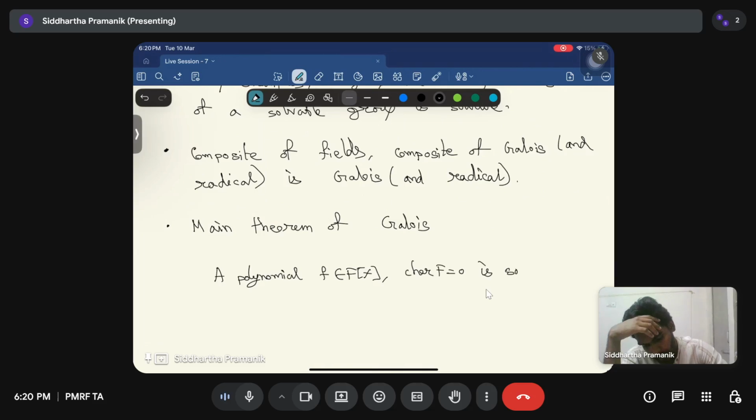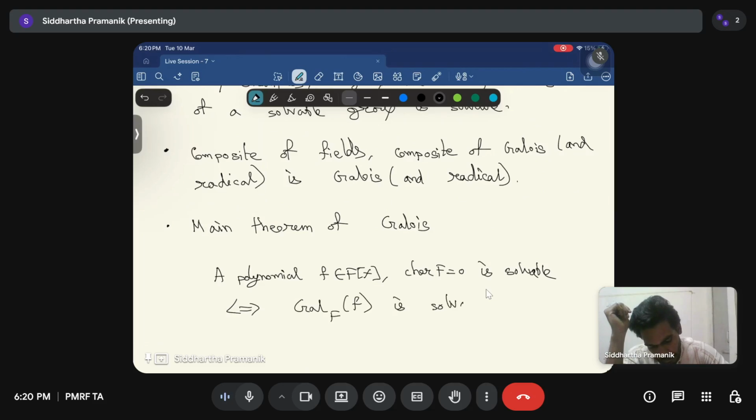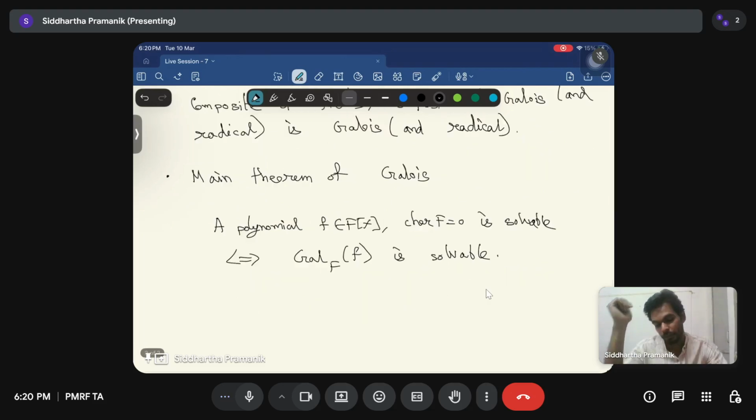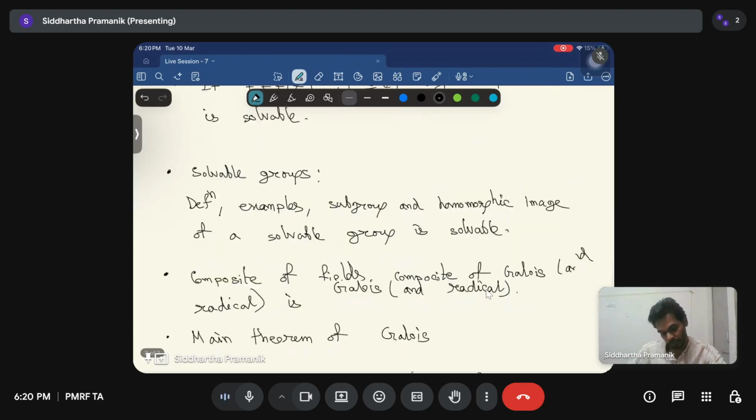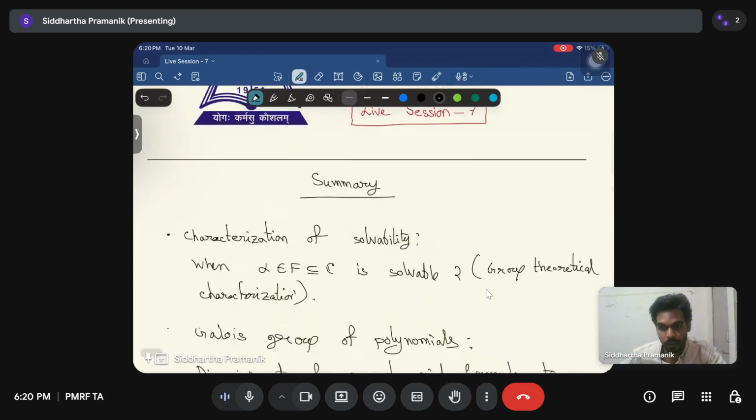Of course, we have assumed that the characteristic of the field is 0. So a polynomial f is solvable if and only if the Galois group of f over F is solvable. This is the main achievement of Galois, and I think these are all the topics of this week 7.